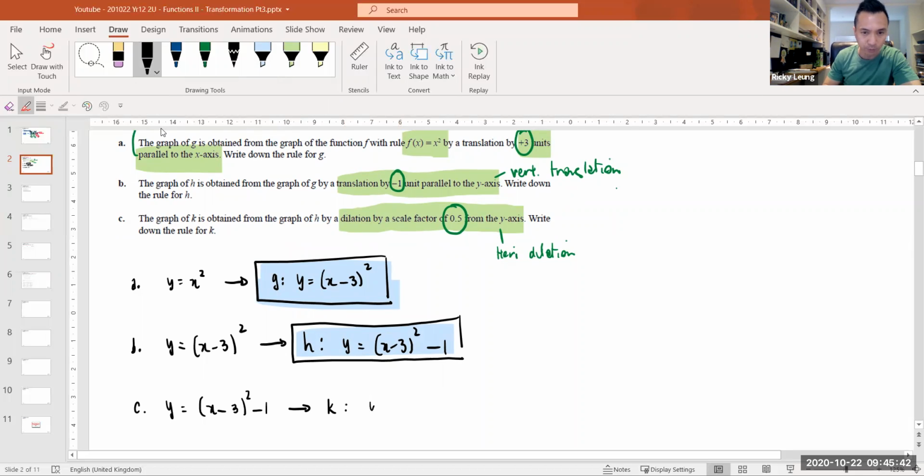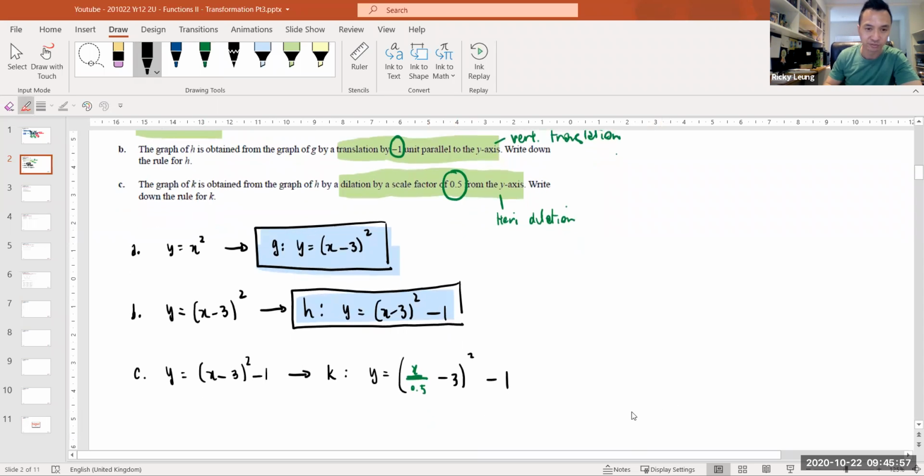From a formula perspective, now I'll put in green, x divided by 0.5, right? And everything else remains the same, which then, to simplify that, the function for k is quite simply (2x - 3) squared minus 1, and that is your final answer.